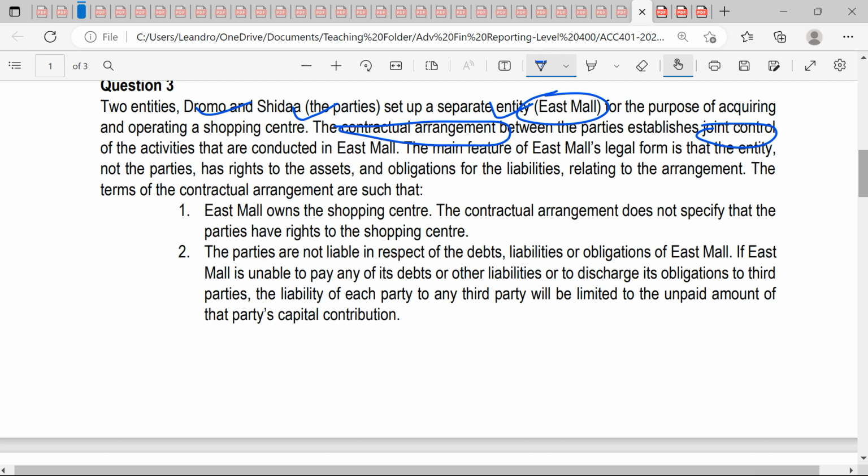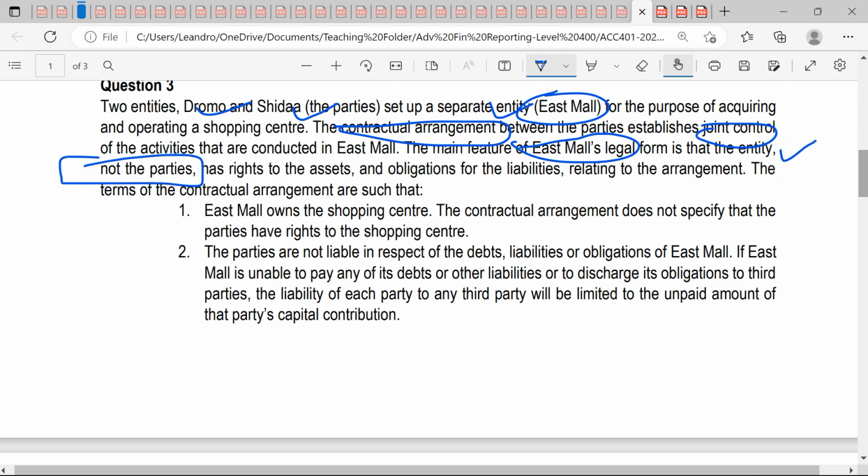The main features of Eastmore's legal form. So when there is a vehicle, then you have to find out the structure, the legal structure and form of the entity, and that is what will help you decide whether the separate entity gives rise to a joint operation or a joint venture. Now, the main feature is that the entity, and not the parties, has the rights.